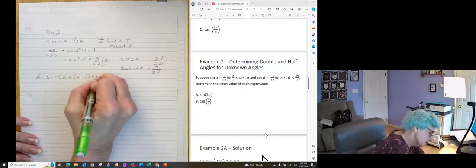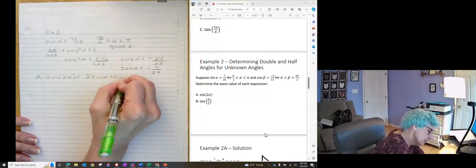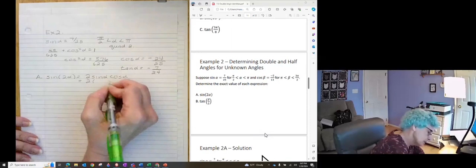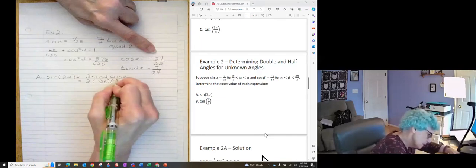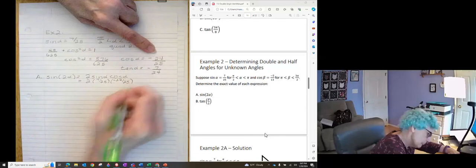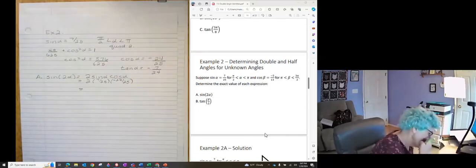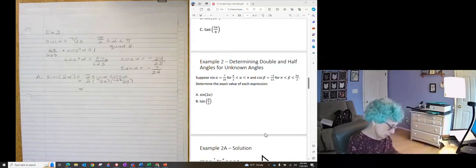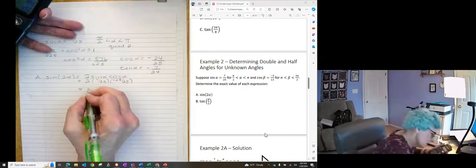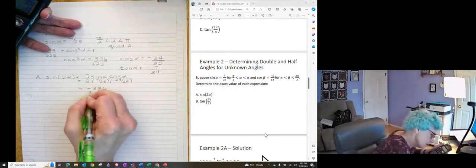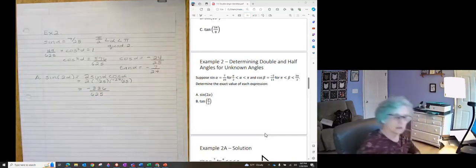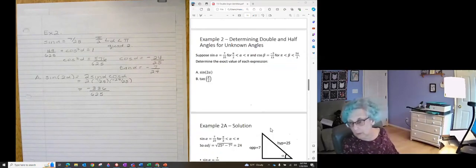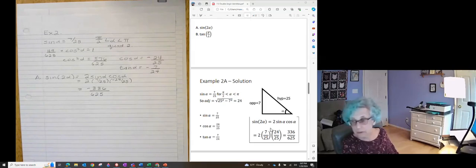I just needed 2 sine alpha cosine alpha, which would be 2 times 7 over 25 times negative 24 over 25, which would be 2 times 7 times minus 24. 2 times 7 times 24 equals negative 336 over 25 squared, 625. And let's see, there's the pretty solution.